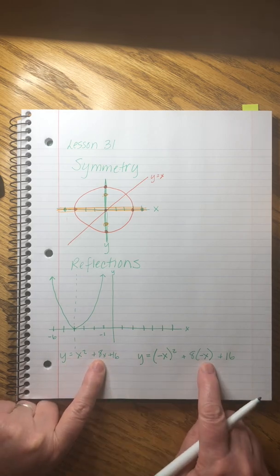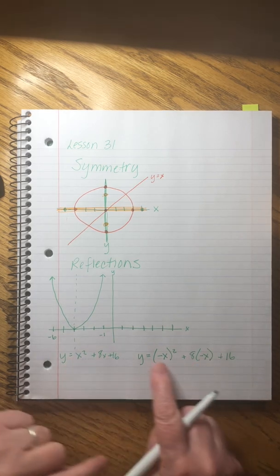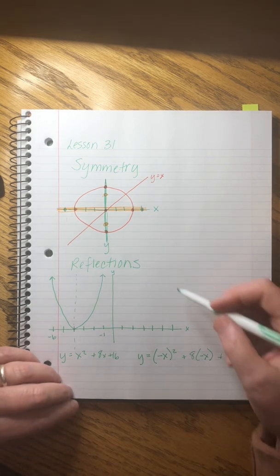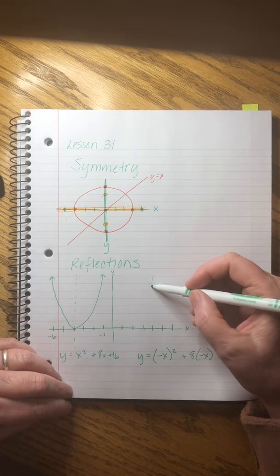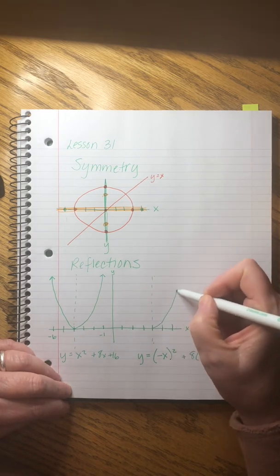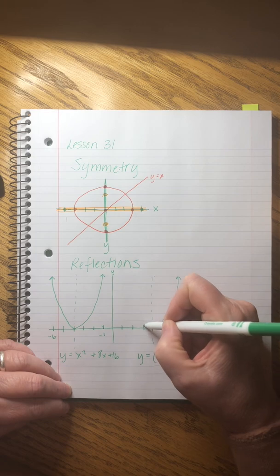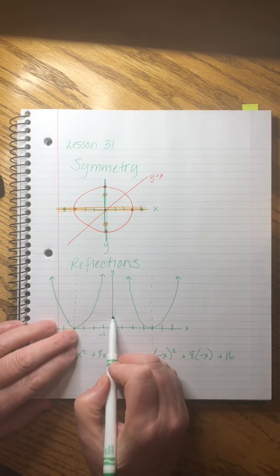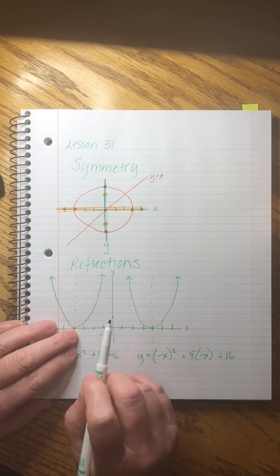This x becomes a minus x. We use parentheses to keep that minus sign in there close. And then the 16 stays the same. This graph is going to look exactly the same, pretend, except it is reflected across the y-axis.